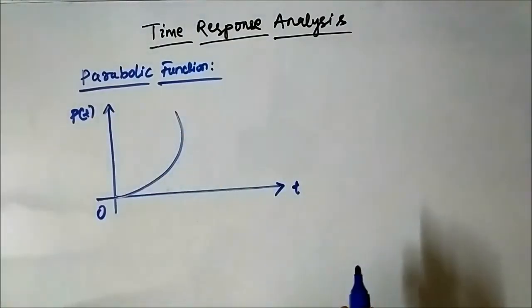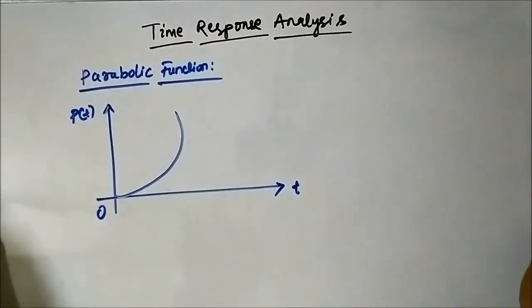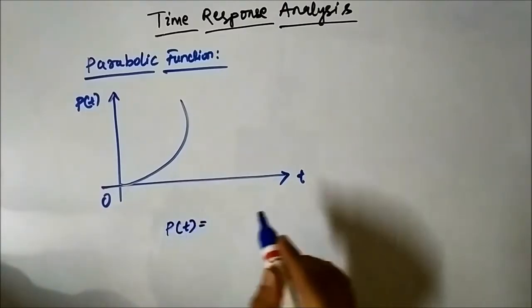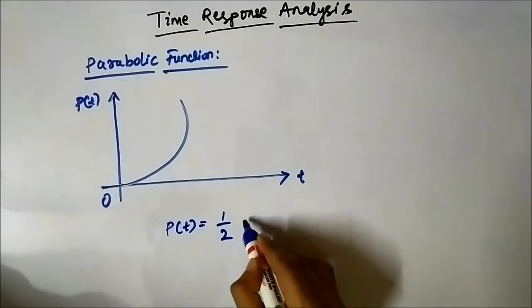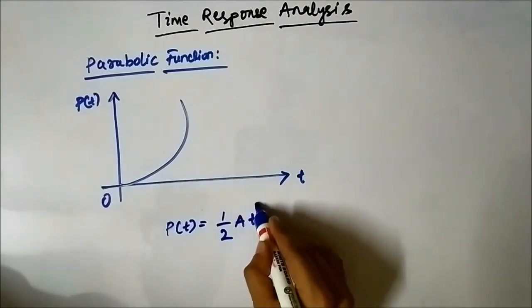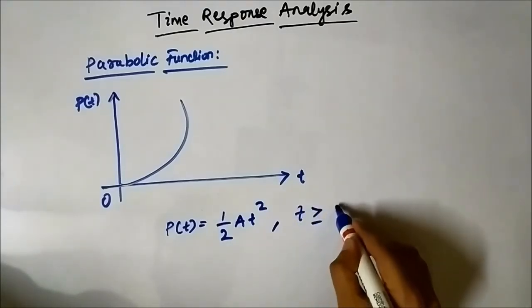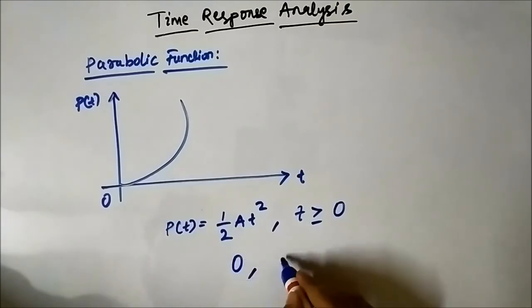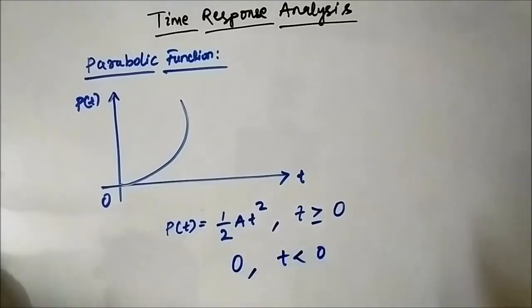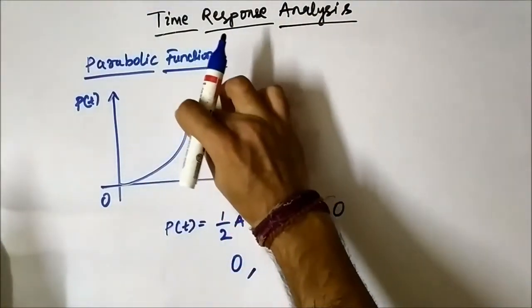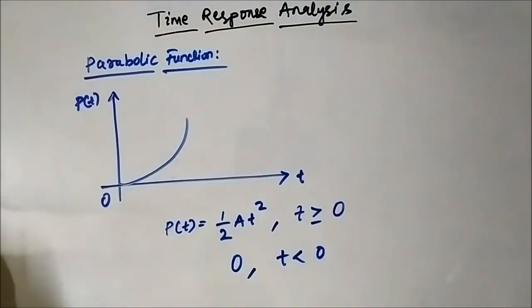This is the parabolic function, and it is represented as p(t) is equal to 1 by 2 a t square for t greater than or equal to 0, and 0 for t lesser than 0. Okay, so this is the parabolic signal function.